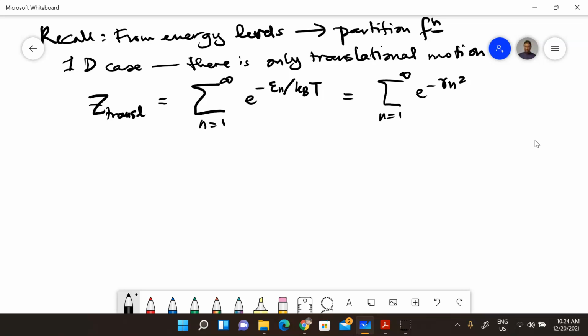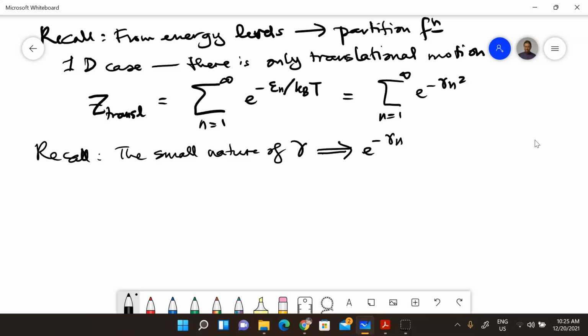So recall the small nature of gamma, and of course that implies the exponential of minus gamma n squared changes slowly.